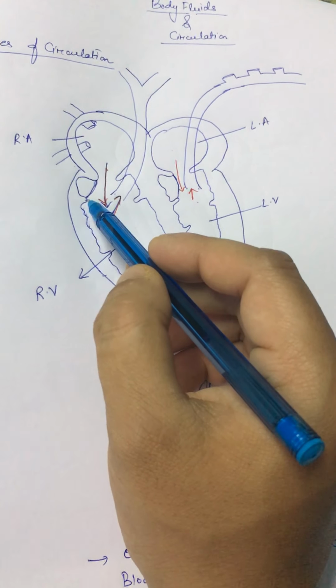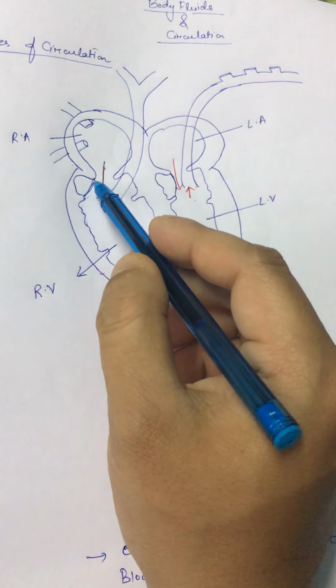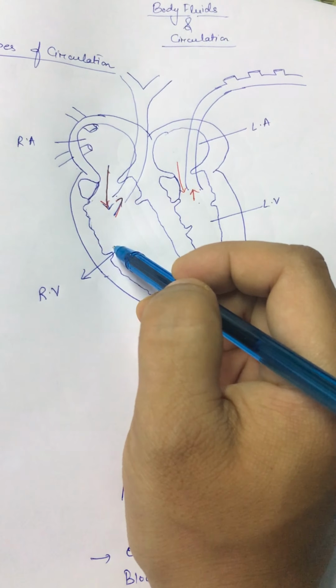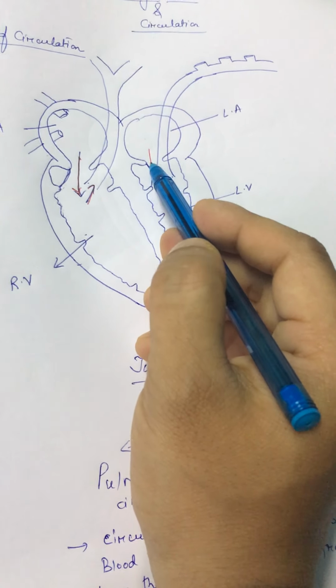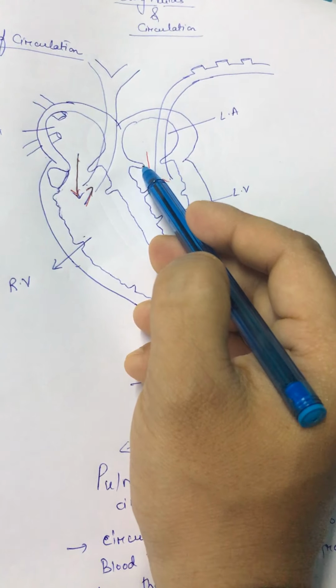Attached with the papillary muscles, there will be some sort of ligament which will attach with the valves, that is the auriculoventricular valves. The auriculoventricular valve present between the right auricle and the right ventricle is called the tricuspid valve, and the one present between the left auricle and left ventricle is called the bicuspid valve.